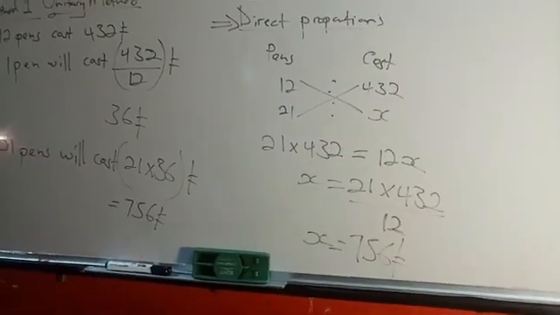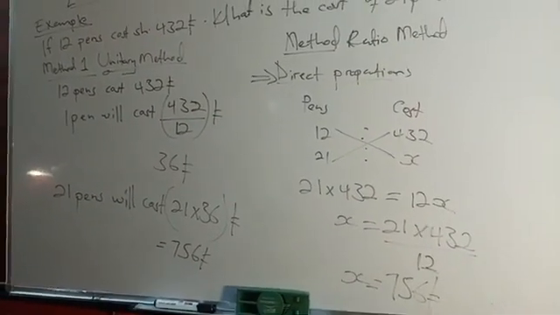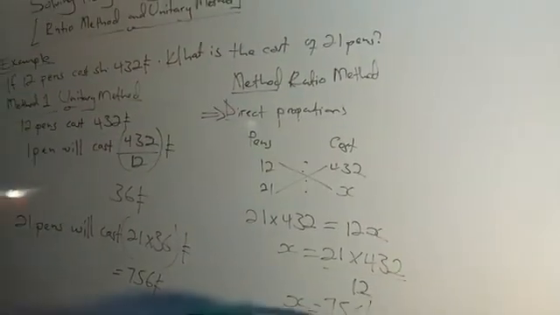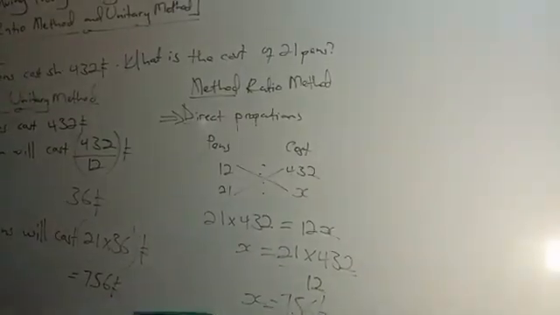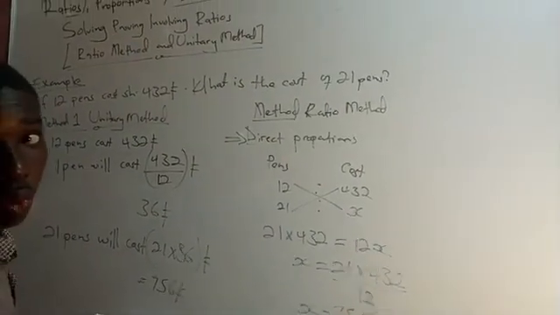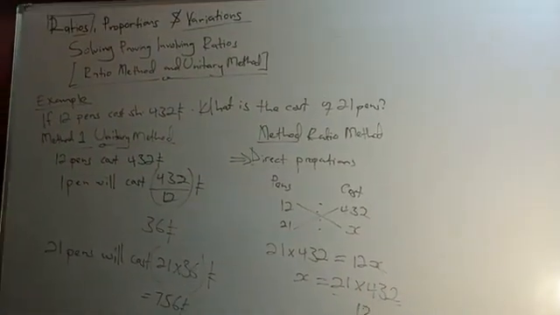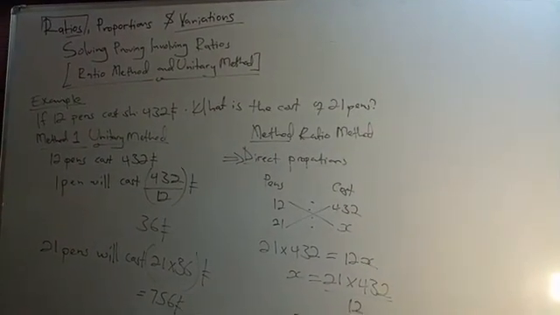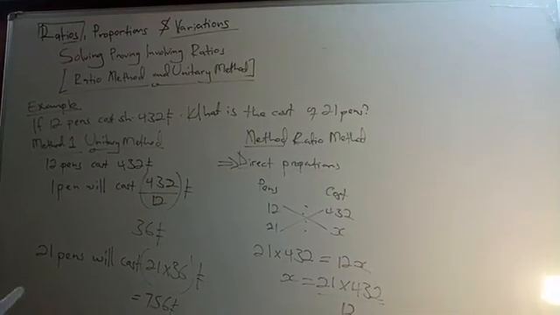So 21 pence will cost 756 shillings. So let's look at one last example on that.